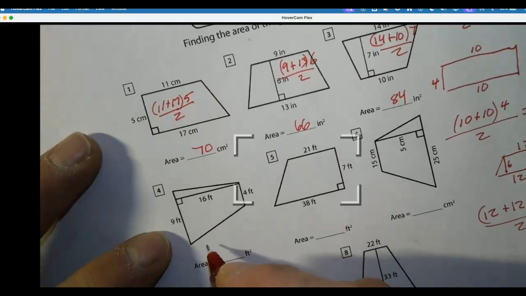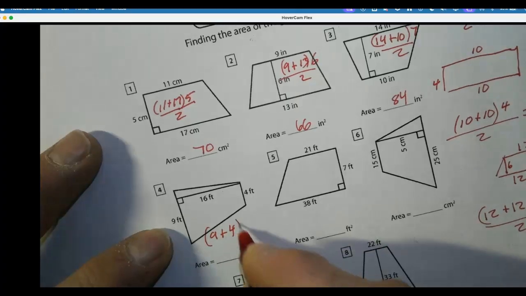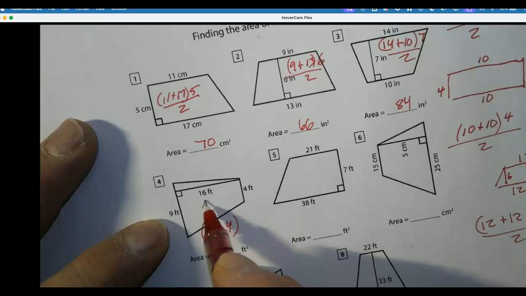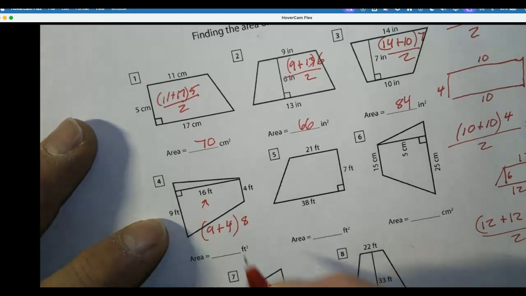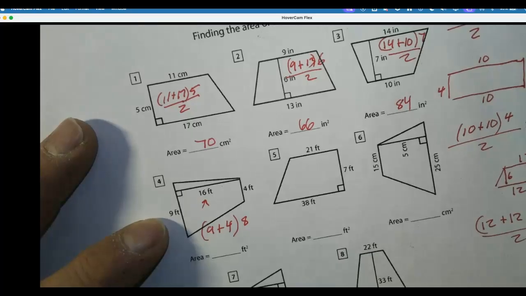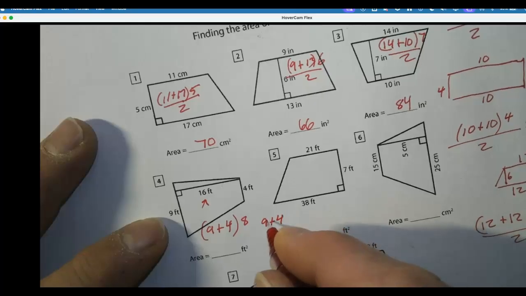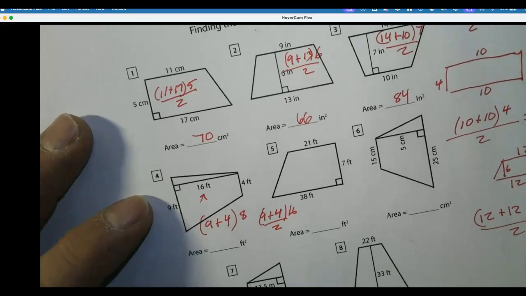Now, you'll start to notice that you can take some shortcuts here too. Like on this one here. Here's my base, 9 plus 4. Now, do you know what half of this is? Yeah, so do I. I could take that times 8, and I would get the correct answer. Or if you're not comfortable with that, just do 9 plus 4, take it times the 16, and then divide it by 2.